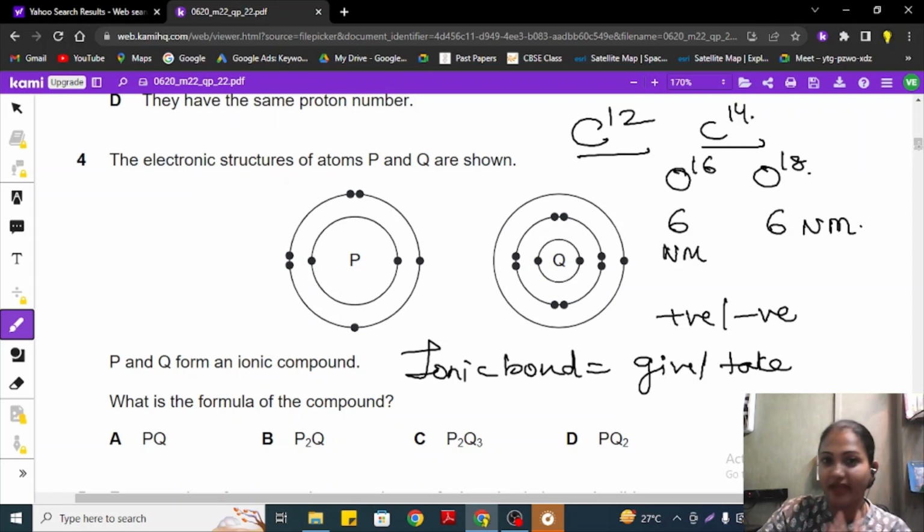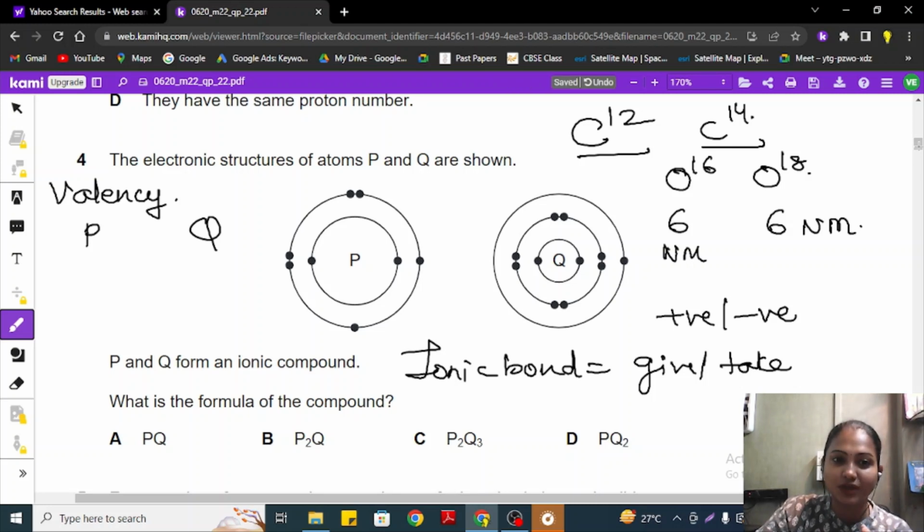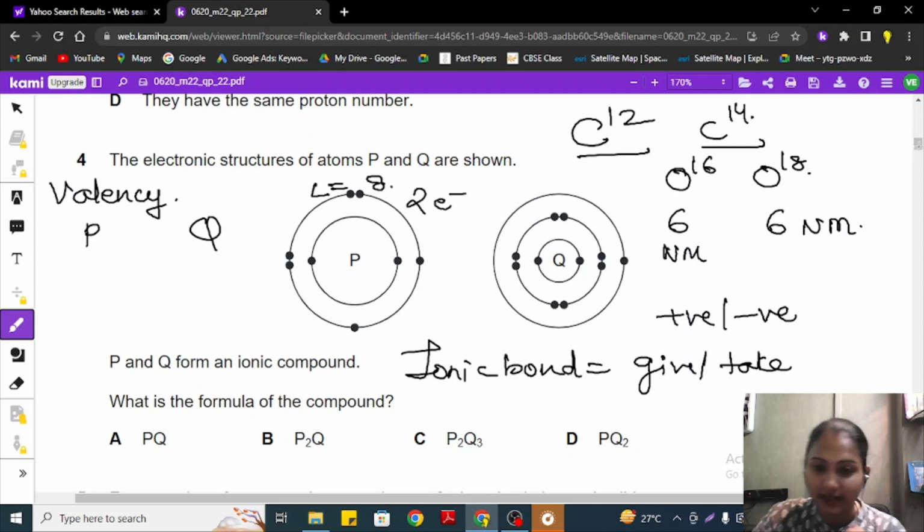For that we need to understand the valency of P and the valency of Q. In the outermost shell for P, there are electrons 1, 2, 3, 4, 5, 6, and the capacity of the L shell is 8. So there are 2 electrons lacking. Coming to Q, in the third shell, which is the M shell, it is supposed to have 8 electrons, it has only 1.